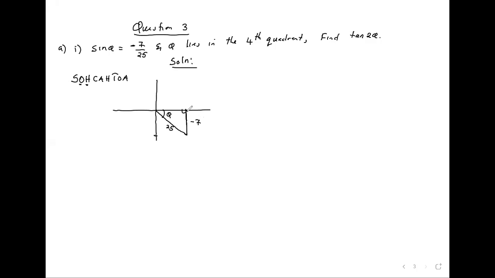You say, okay, the adjacent using the Pythagoras theorem is 25 squared is equal to adjacent squared, the side we're looking for, plus opposite squared, meaning that we have 25 squared is 625.